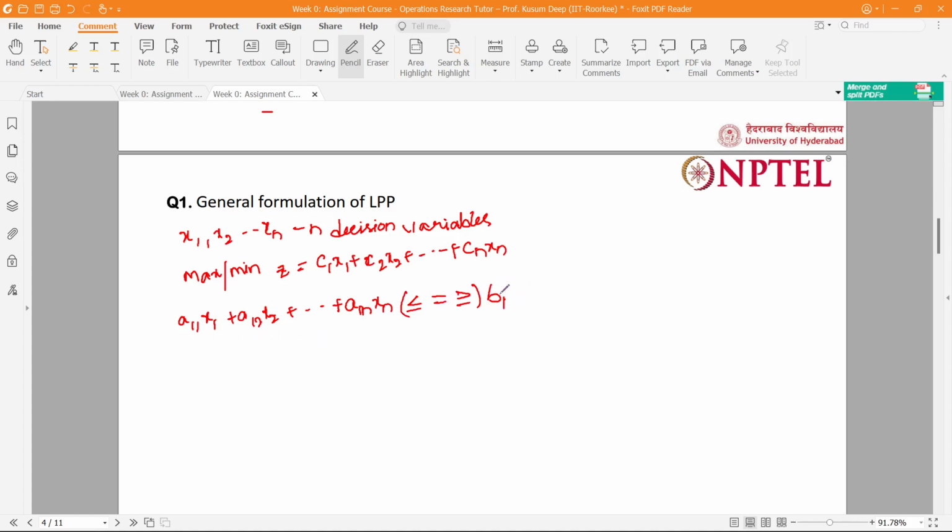This is one constraint, which involves all the decision variables in linear form. And the other is a21 x1 plus a22 x2 and so on plus a2n xn, with b2. Likewise, we suppose there are m constraints.